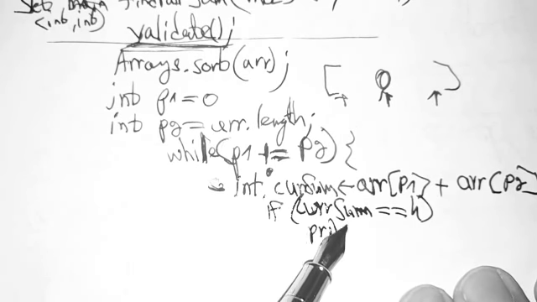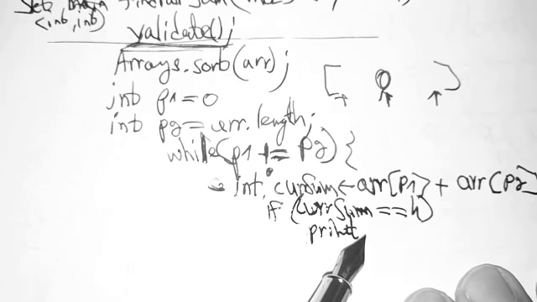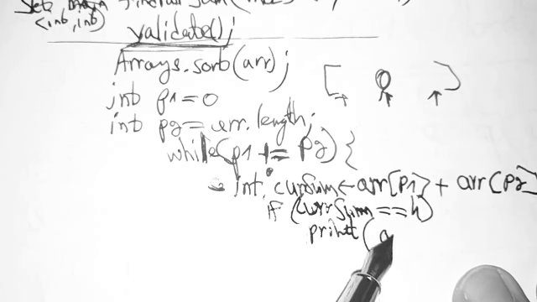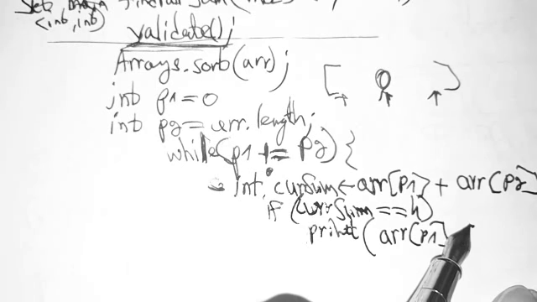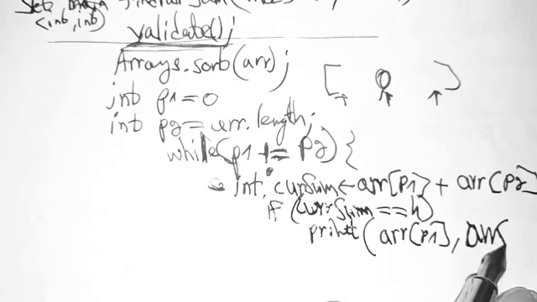So we print the numbers array P1, and we also print array P2.